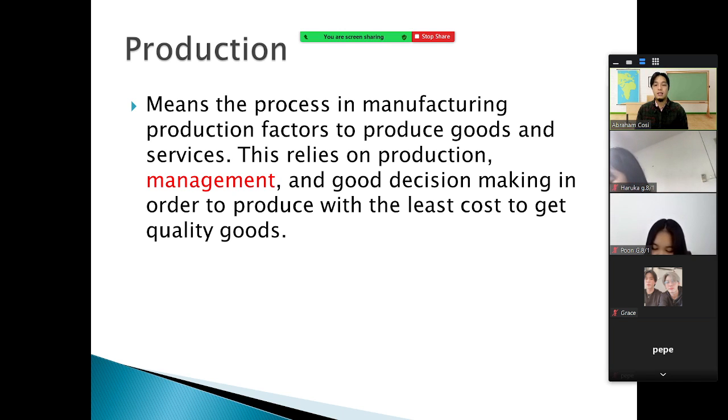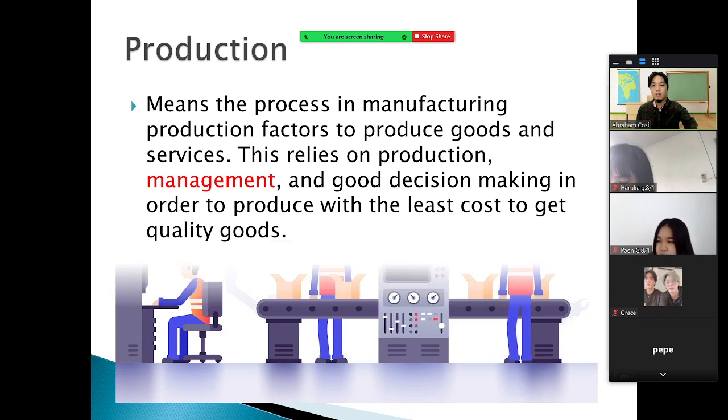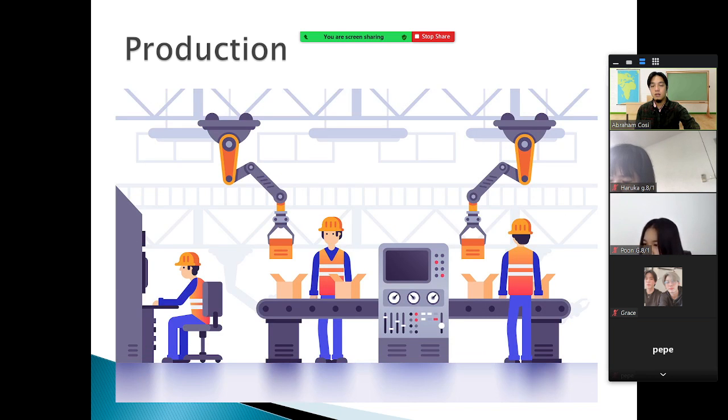Okay, so we have there management and decision making. And of course we need these skills in order to make the best out of our product. So this is the meaning of production.